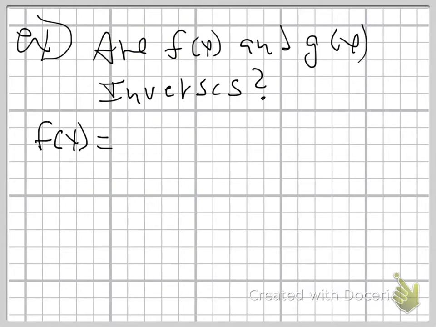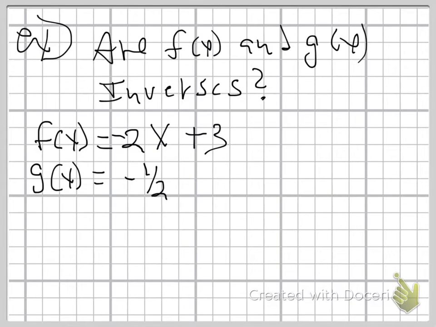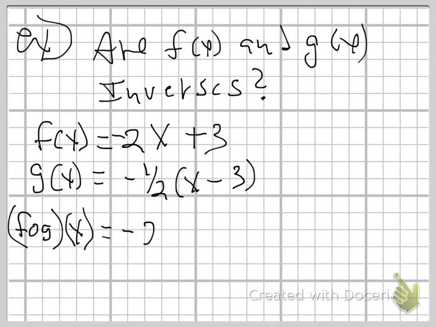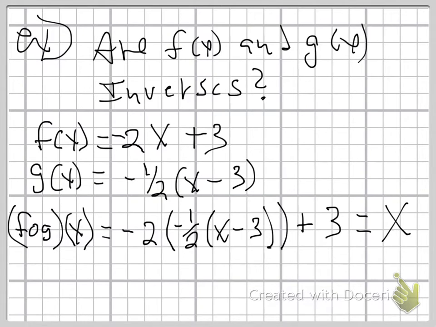If f of x equals negative 2x plus 3 and g of x equals negative 1/2 times x minus 3, well, let's look at f of g of x, where we'd have negative 2 times negative 1/2 times x minus 3 plus 3. Well, if we do all the algebra there, yes, we get x.